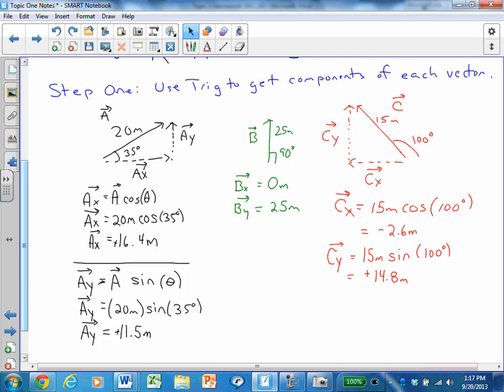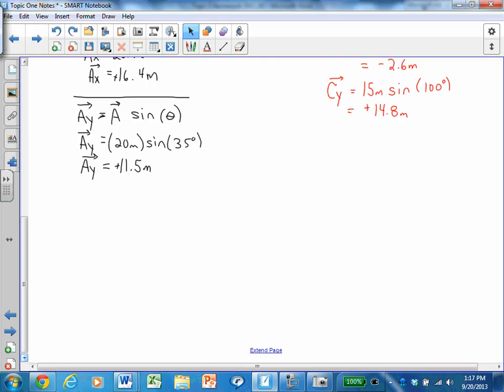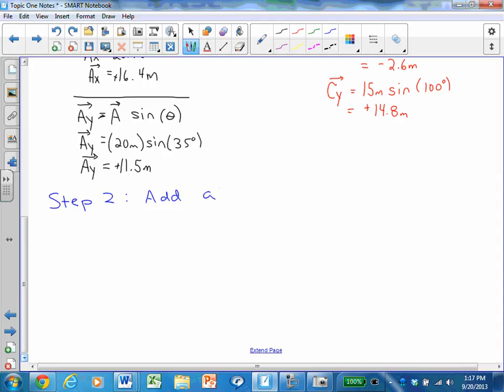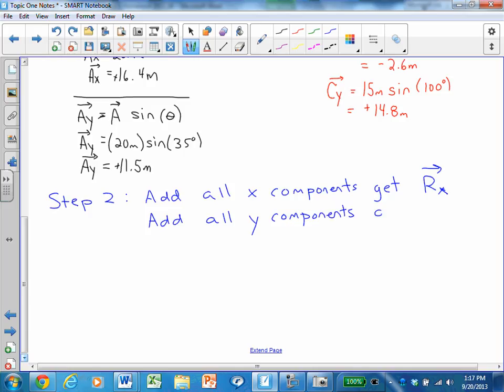Now the next step is to add all x components, get our x by doing that, and add all y components and get our y.